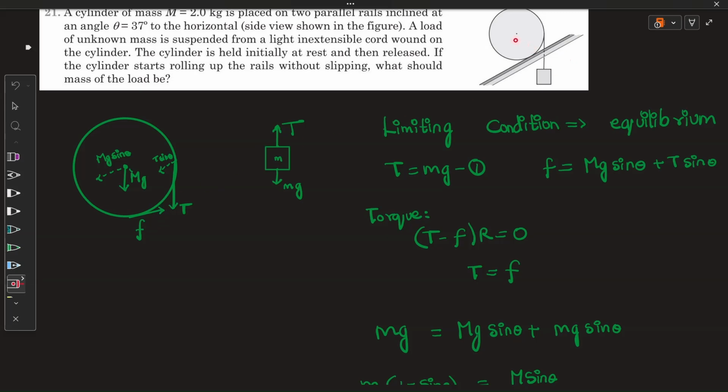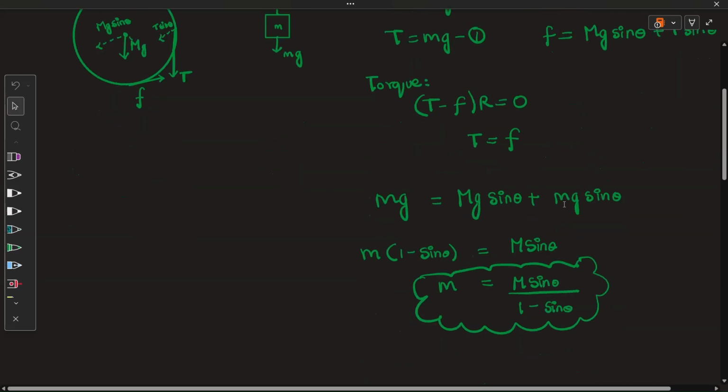So T minus F: if this is going upwards, the torque and angular acceleration should be like this, so T should be dominating. So (T minus F) into R is 0. I am considering the limiting condition, which is equilibrium. So T is nothing but F. I will replace F with T, and replace T with mg. That's it. That m is the necessary part.